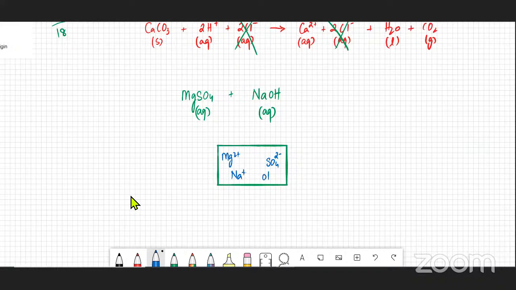ठीक है, ये वैसे ionic precipitation revise करा रहा हूँ. In ionic precipitation, you just mix two random things, completely random things that are not supposed to react, but they are aqueous. So unke ions that they get scattered in water, and the ions mix up. And when the ions mix up, if the ions get together to form something that's insoluble, which in this case happens, they form MgOH2.